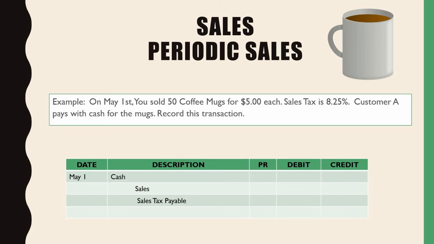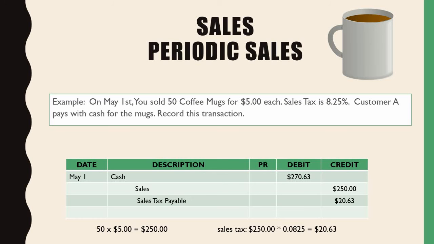Good, this is what we're going to do. We're given that customer A paid us with cash, and we recognize our sales and we recognize sales tax. So yes, that's correct. Sales is going to be whatever you sold the product for. In this case, 50 times $5 gives you $250.